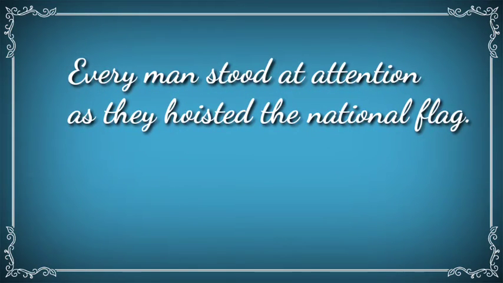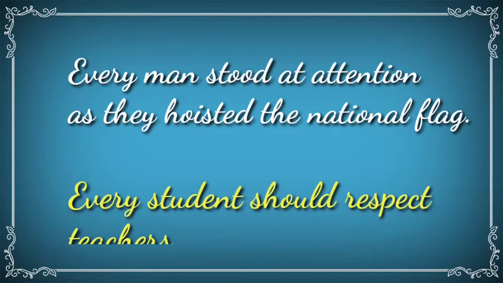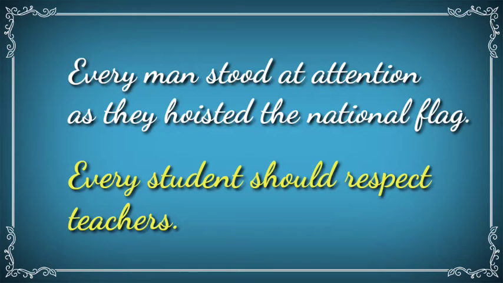So it tells about each and every person. So it talks about each one of a number. Every student should respect teachers. Here in this sentence also we know it's about each and every student in the class. So it tells about each one of a number.